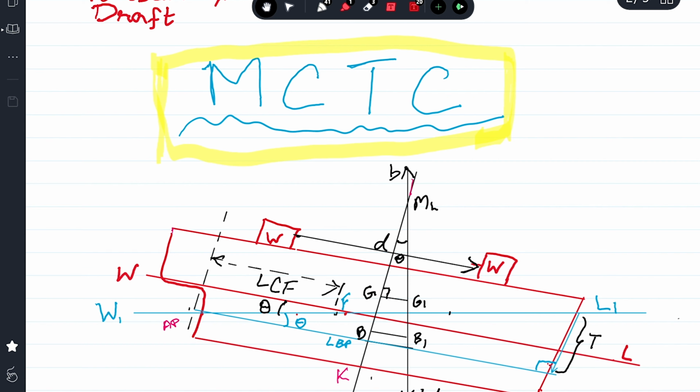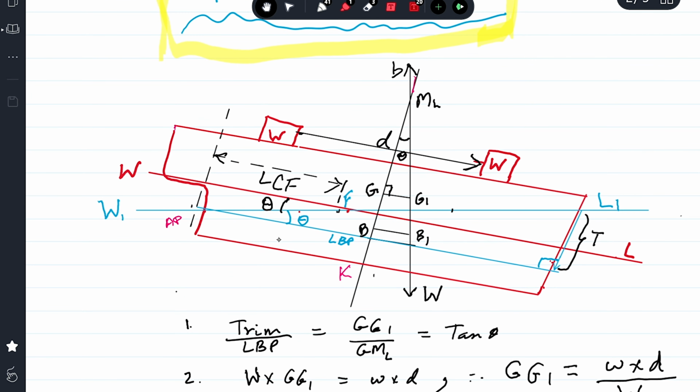So let's see this diagram. Here's a vessel which is trimmed by the head. Why? Because there was a weight W in the aft part. This W has been shifted by a distance D to the forward part.